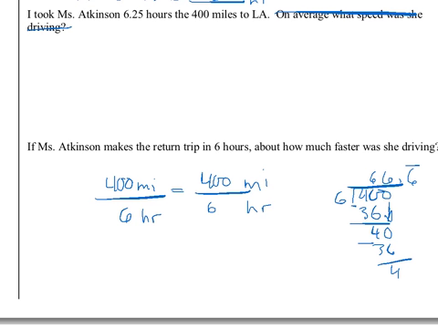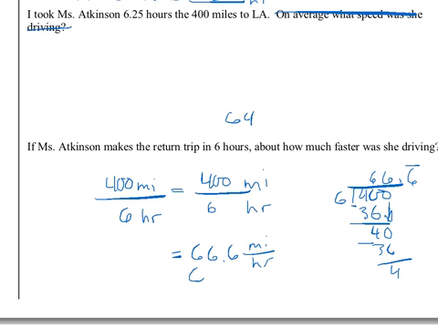So on her return trip, she drove 66.6 repeating miles per hour. Now we just have to think really closely about what this question is asking us. It doesn't ask if she was faster on the way back. It asks how much faster. So what do I need to do? Subtract. We got 64 up here.